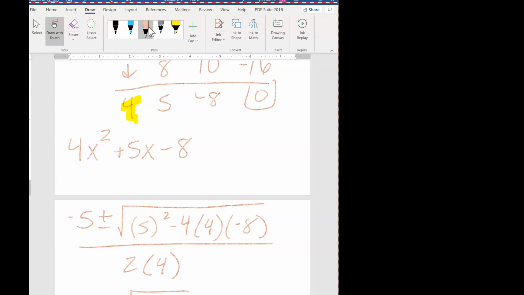Now, 153 is not a perfect square, so I'm going to have to break down 153. I come over here to the side, and I'm going to do my factor tree. 153 is divisible by 3, so we have 3 and 51. 51 is also divisible by 3, which is 3 times 17.